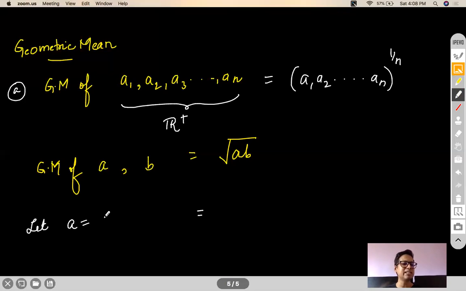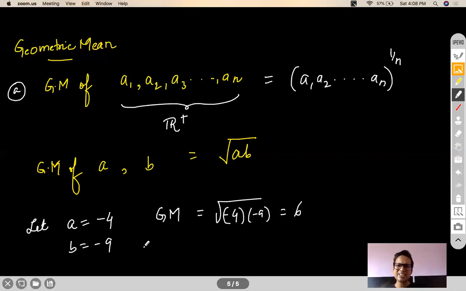Let A be -4 and B be -9. If you use this formula, your geometric mean will come out to be the square root of -4 into -9, which is actually 6. How can a mean, which is supposed to be between the numbers, be positive when the numbers themselves are negative?